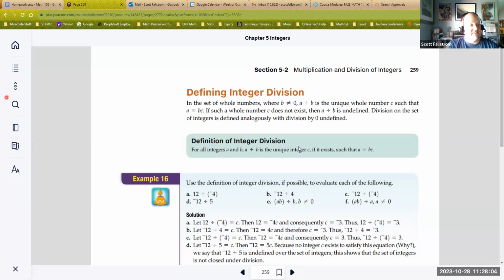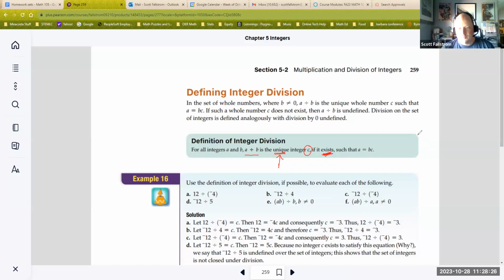So let's get to the definition, because again, the models are one thing, the definition is the other. And so what do we need? I need to find a divided by b is a integer. Notice it is a unique integer if it exists such that a equals b times c. So we know we check it with multiplication.